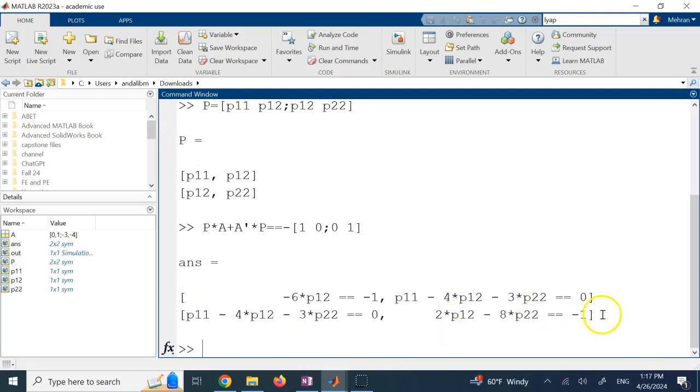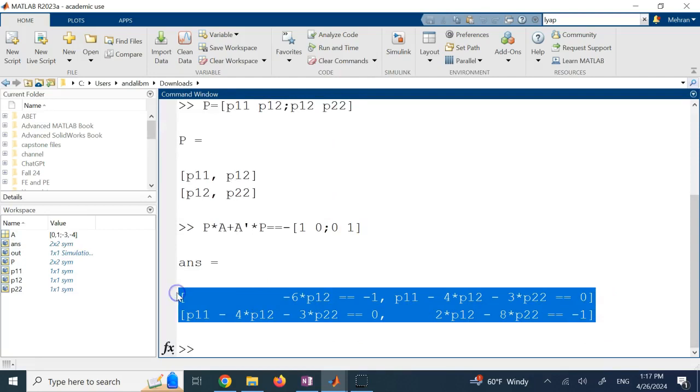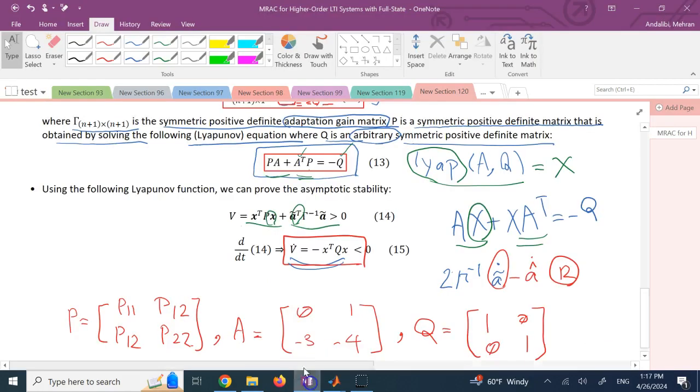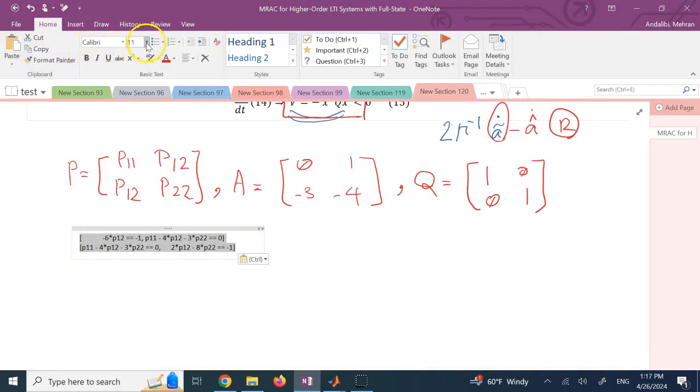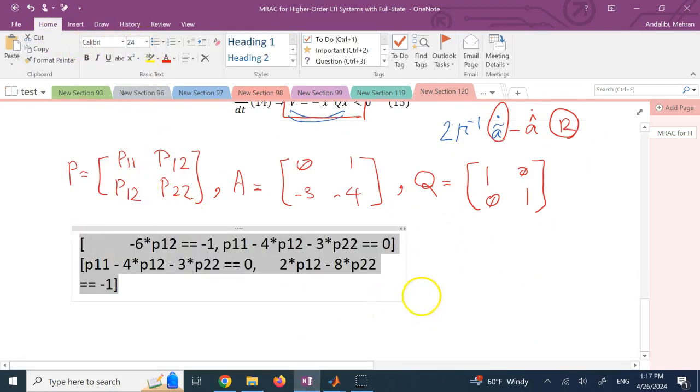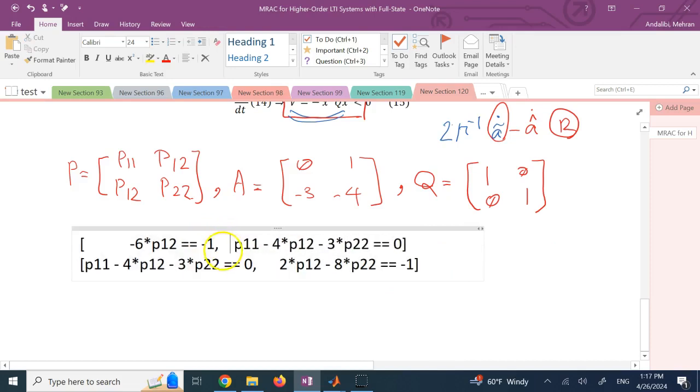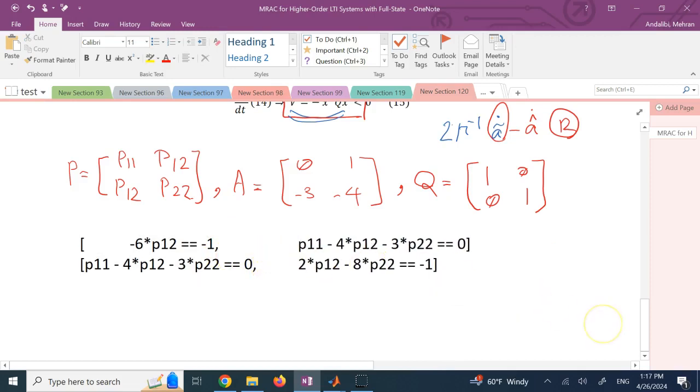And if you do that, you get these equations. So I go ahead and bring them into Microsoft OneNote so we can see them. This is what I have. Let me make it a little bit bigger. So there we go. These are my equations. And let's go ahead and separate them a little bit so we can see them better.